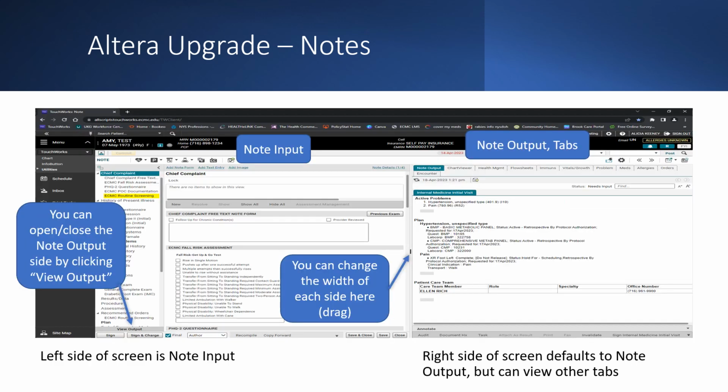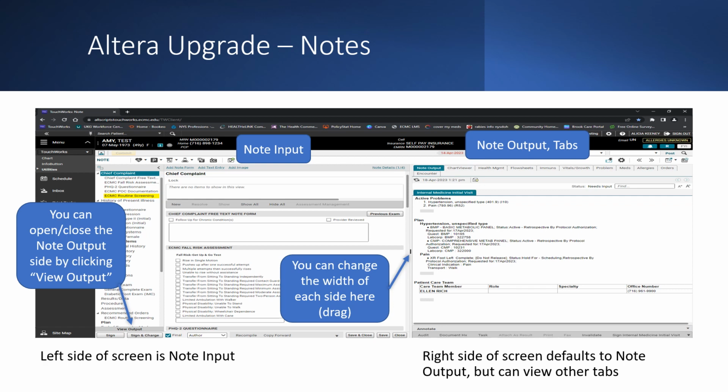One of the biggest changes to the upgrade is the note template screen. The left-hand side of the screen looks pretty unchanged from previous. However, you now have the note output side on the right which will show you the full chart while you are doing your note. In the middle of the screen, you can make either side bigger or smaller, but this will allow you to review the chart while you're writing your note.